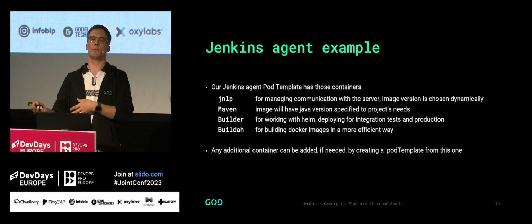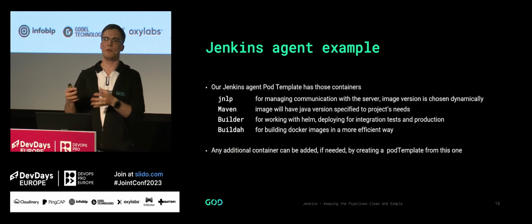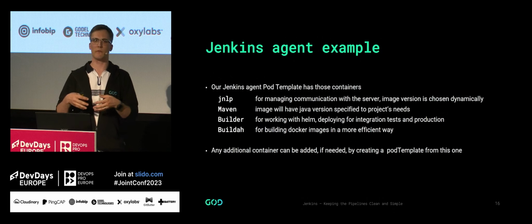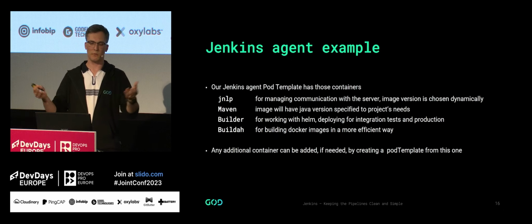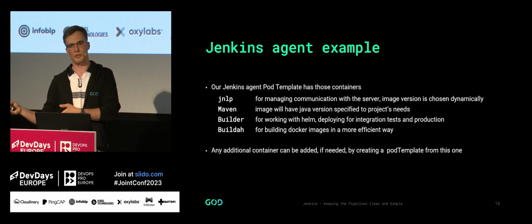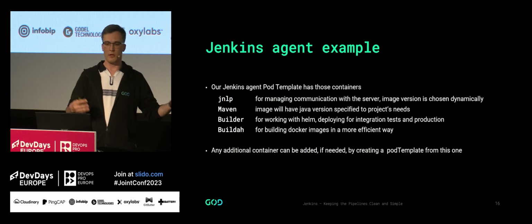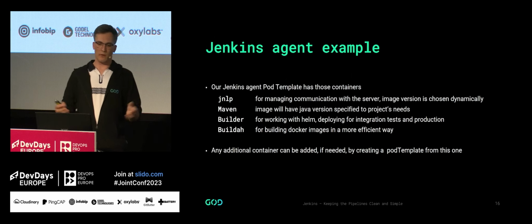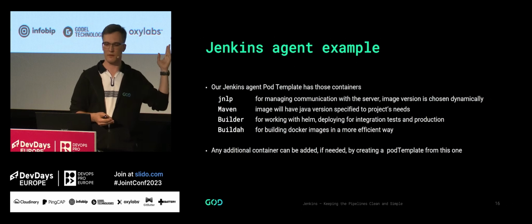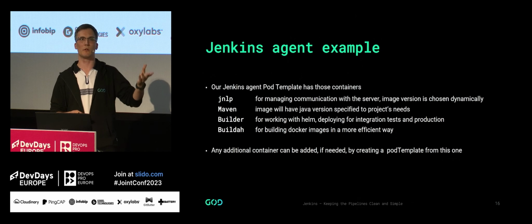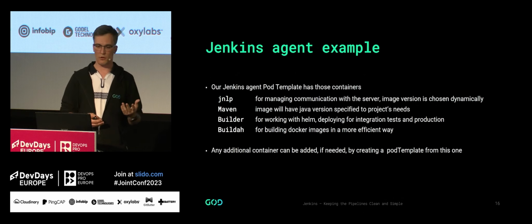Actually, if you run your Jenkins server on the same cluster as the agent, you don't need it. But when you deploy Jenkins on a different cluster than the agents, then you will need it. Maven, as I said, in our case, is the container that will perform all the compilations for me.